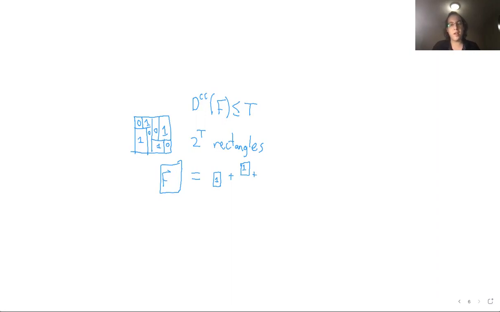Okay, so then that is one representation of the communication matrix F, but that means that F is a sum of at most 2 to the t matrices of rank 1.